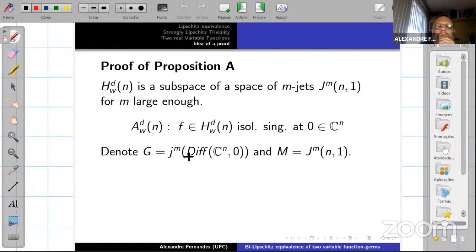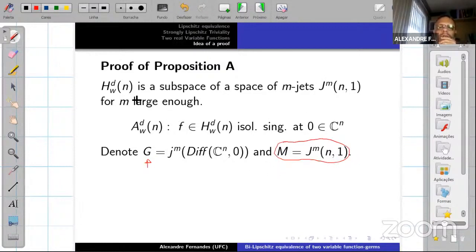Our Lie group, you take the group of germs of diffeomorphisms of Cn, and you truncate all the diffeomorphisms, and you have a group. This is a finite dimensional group, and our set is including these manifolds.